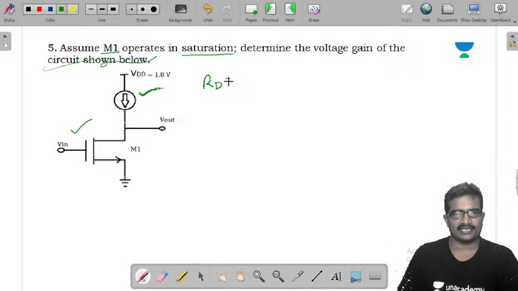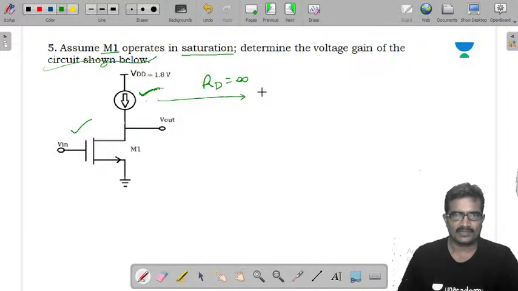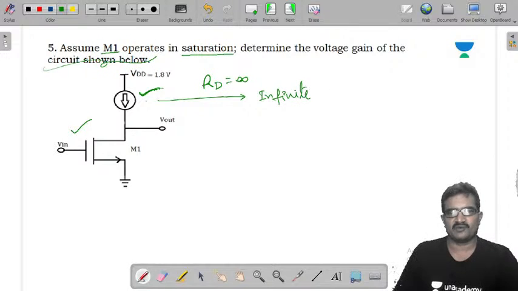So there is no RD. RD is infinity compared to regular circuits. And this is the current source. Now, this current source gives an infinite small signal resistance.